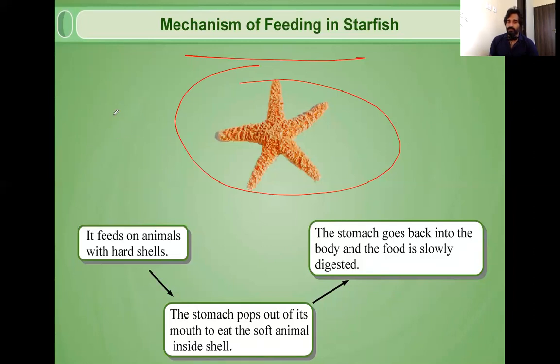What they do is, the stomach pops out of the body and moves to the soft tissue of the snail or any animal covered by a hard shell, and they eat it. Directly the stomach is eating it. Think about this, the stomach itself is eating. And then after eating, the stomach goes back inside the starfish body, and the food is slowly digested.